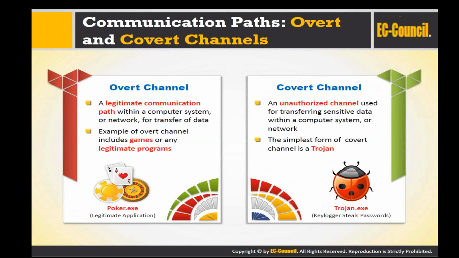Overt channel is a legitimate communication path, which is used by legitimate programs. For example, poker.exe. You might like to play poker, you download it, you play it. But there is also something called a covert channel, which is the unauthorized channel, which is used by Trojans. And please watch my demo, which I'm going to upload very shortly. I'm showing you how you can find Trojan viruses in your computer.